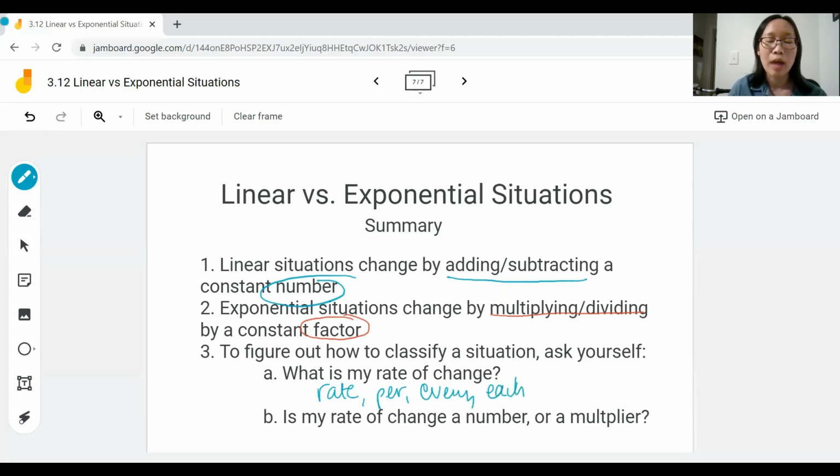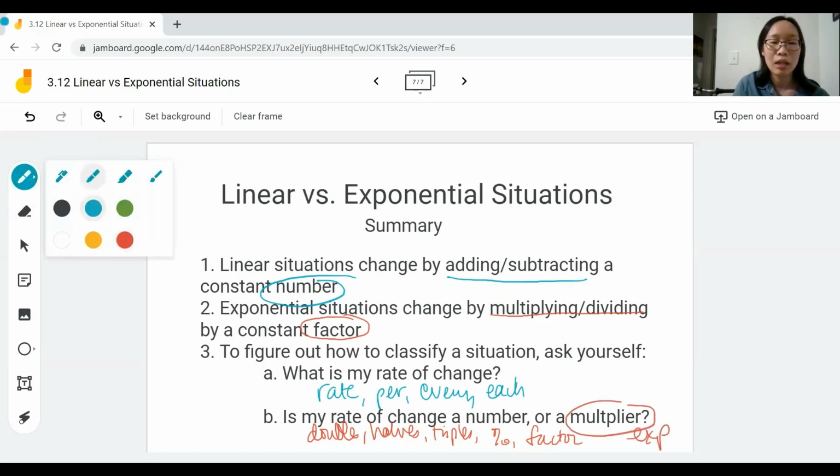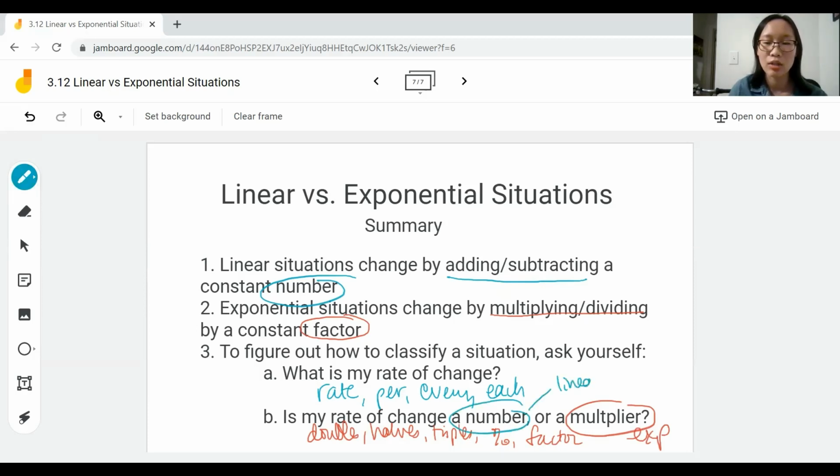And you ask yourself, is my rate of change a number or a multiplier? Multiplier keywords were things like doubles, halves, triples, percent, or factor. And if you have a multiplier keyword, this is an exponential situation. And if you have a number as your rate of change, this is a linear situation.